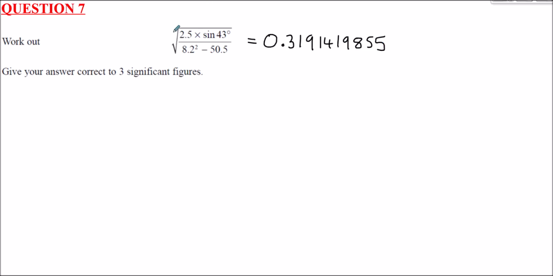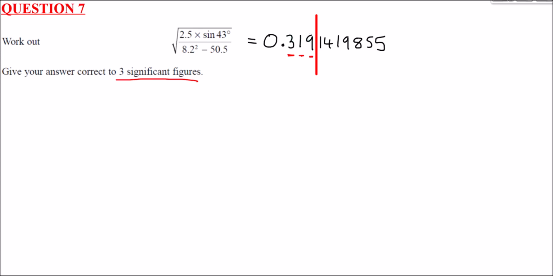Now, significant figures means we start counting from the first non-zero number. So the first zero is not significant, but the first digit, which is non-zero, is. So that's the first significant figure, that's the second, that's the third, and so we're going to cut off the number after that point. So we're going to be left with either 0.319 if the number doesn't round up, or 0.320 if the number does.